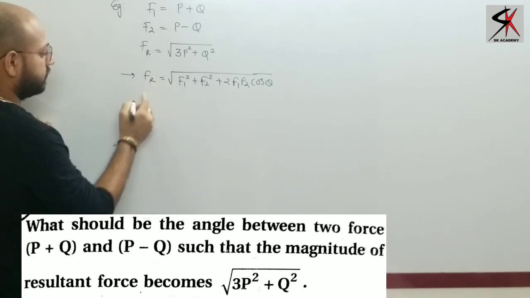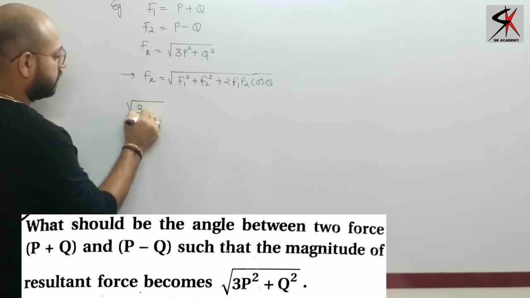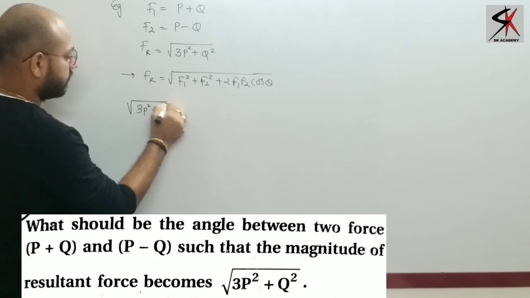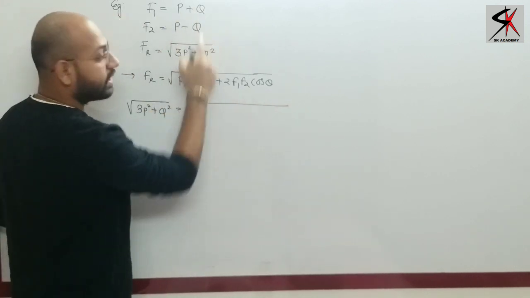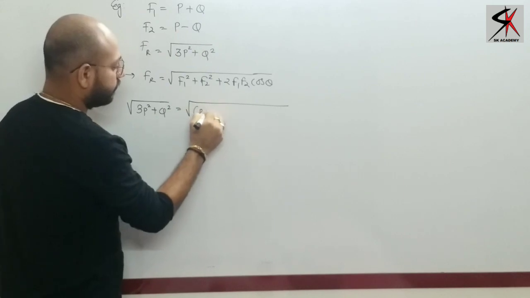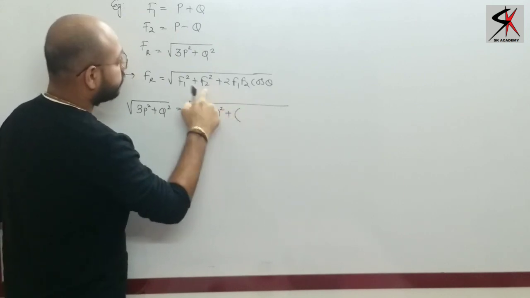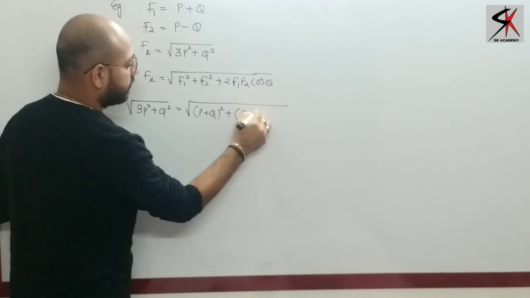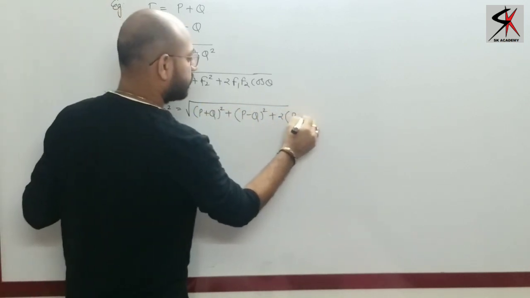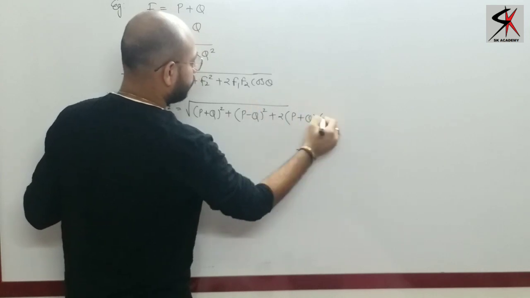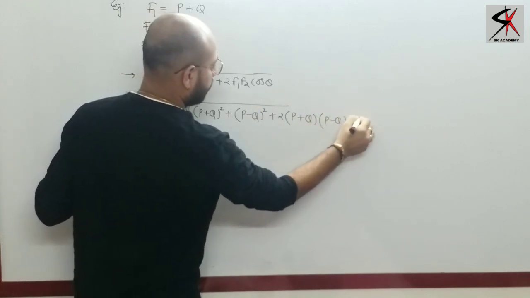So what is F1? It is under root 3P square plus Q square equals under root, F1 means P plus Q, so I will write (P plus Q) whole square. F2 means (P minus Q) whole square. 2 F1 means P plus Q and F2 means P minus Q, and here is cos theta.